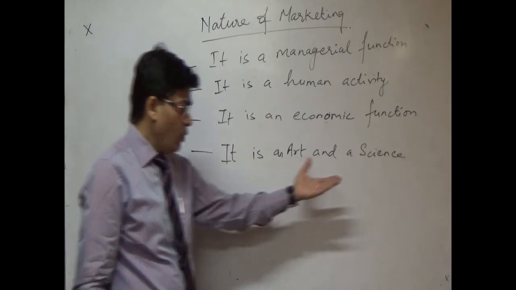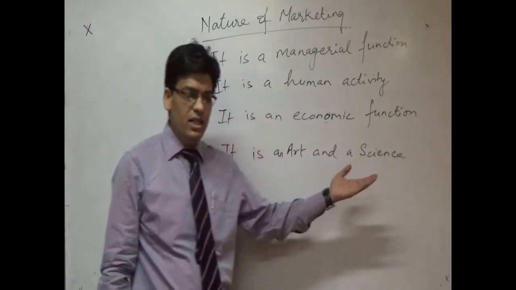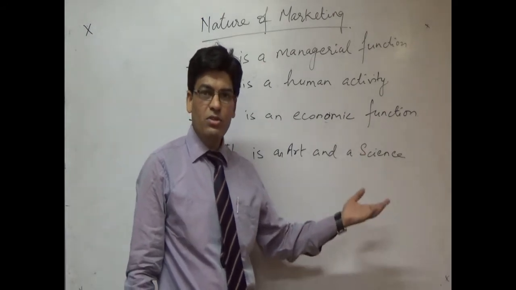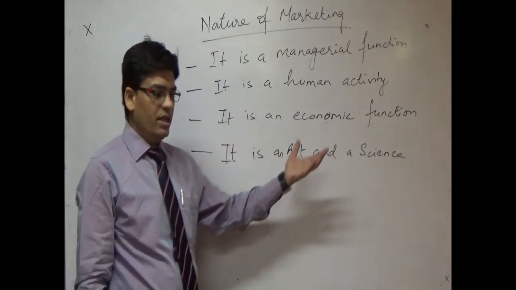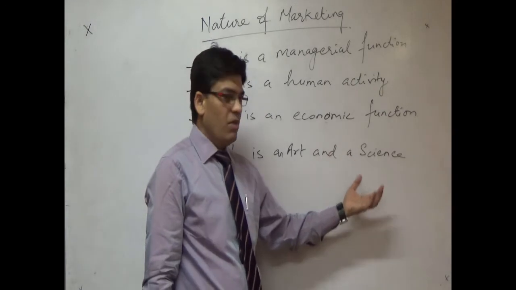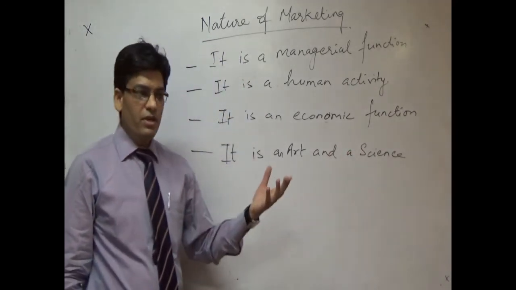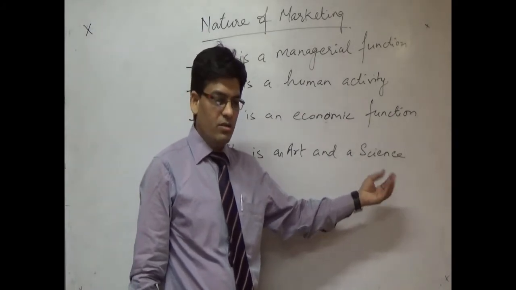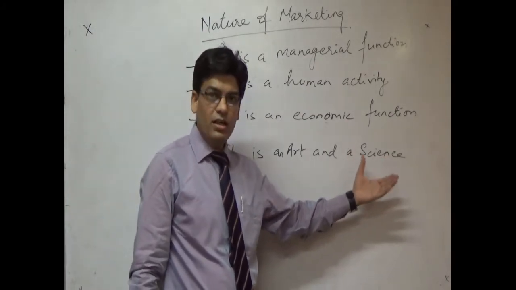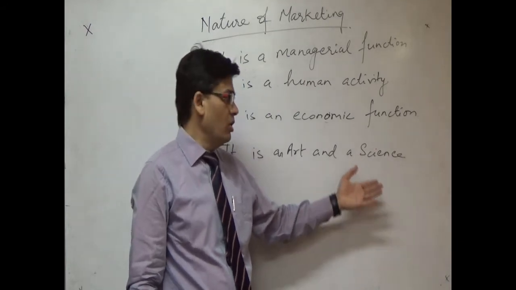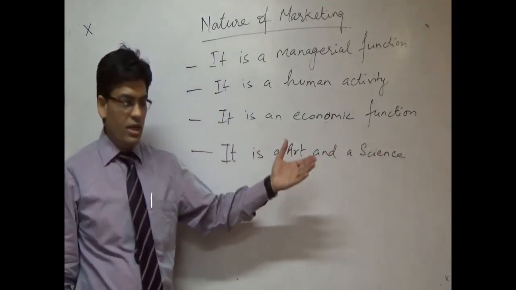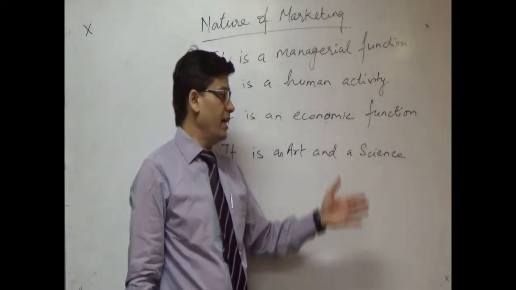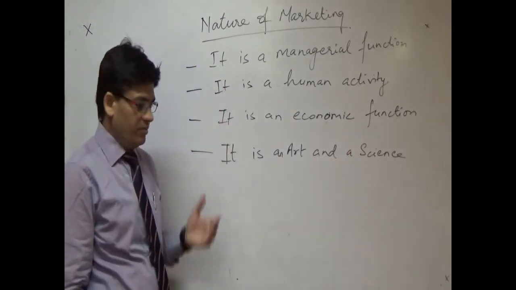And why do we say it is a science? Because it deals with analyzing numbers or outcomes. It could be in terms of revenue generation, measuring profitability, measuring market demand, or the various other steps that we have to follow. Since there are certain steps in a predefined format, we say it is also a science.